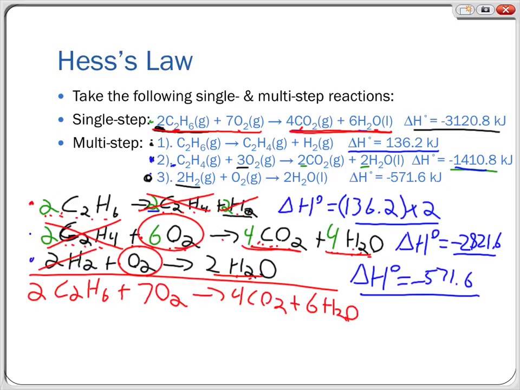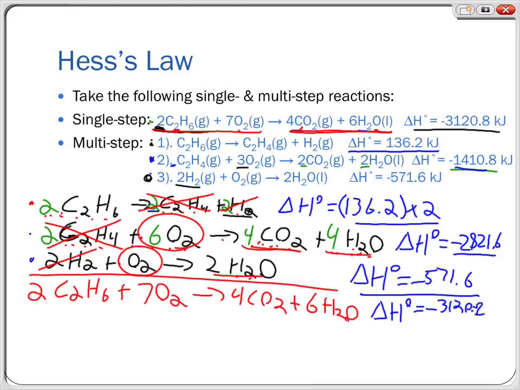And then we're going to add or subtract off another 571.6 minus 571.6, and whenever we do that, I get negative 3120.8.